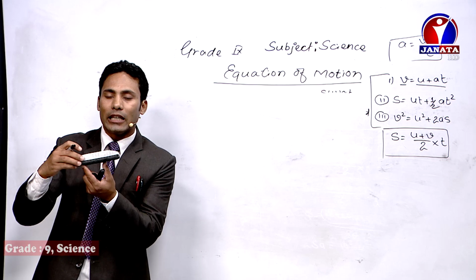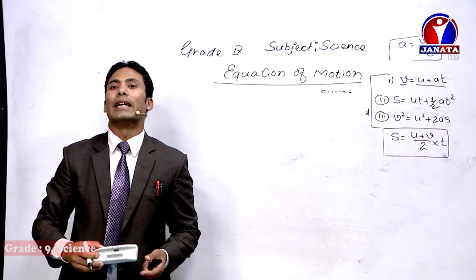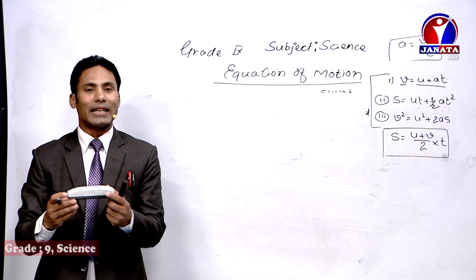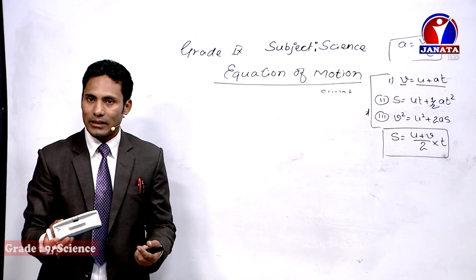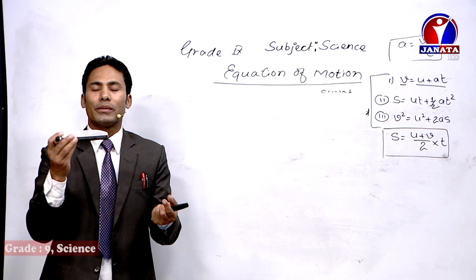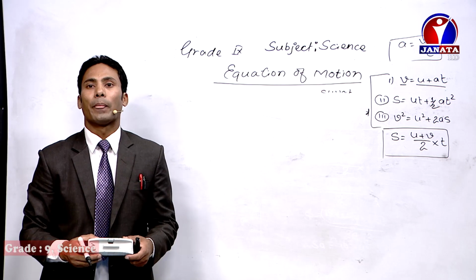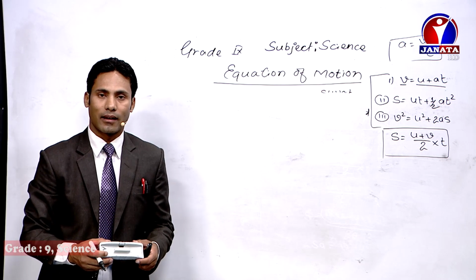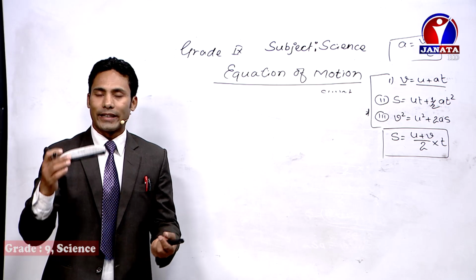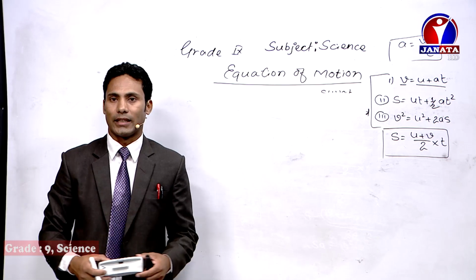And if the brake is applied, whenever we apply the brake in the vehicle, then the vehicle comes to rest at the end. That means the final velocity is 0 meter per second. If the vehicle starts from rest, the initial velocity is 0. If the vehicle comes to rest after applying the brake, then the final velocity is 0.